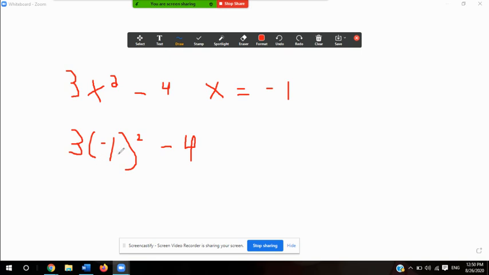Negative 1 squared is negative 1 times negative 1, which is positive 1. So that's 3 times 1 minus 4. So 3 times 1 is 3, and 3 minus 4 is negative 1.